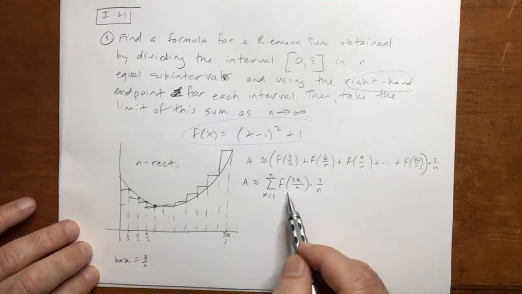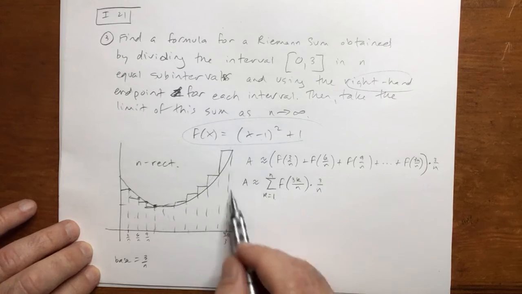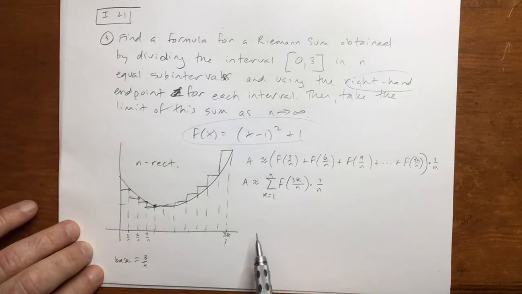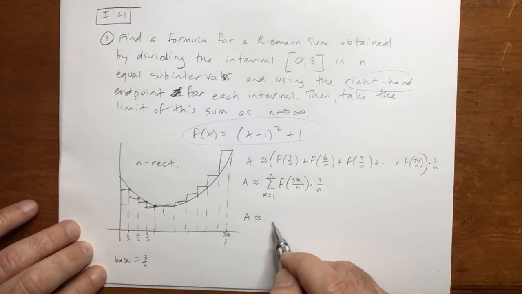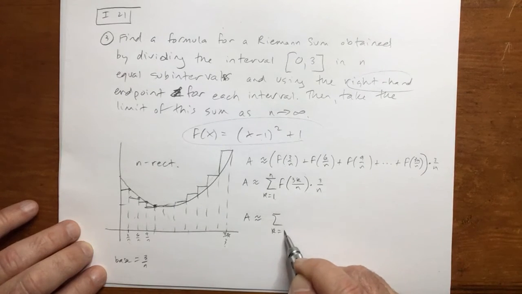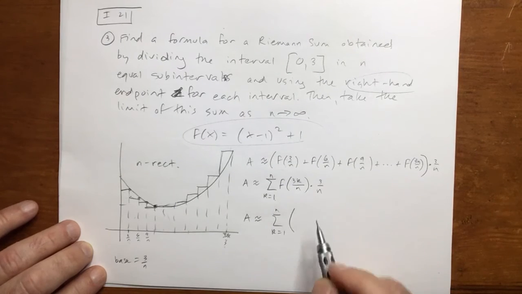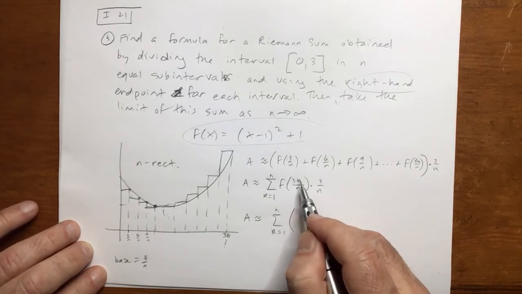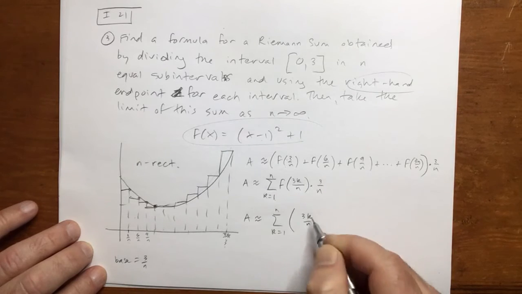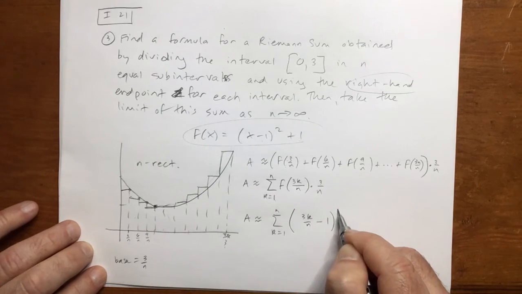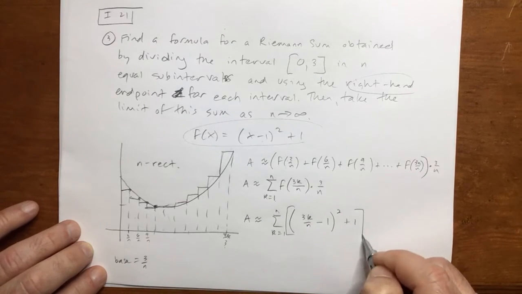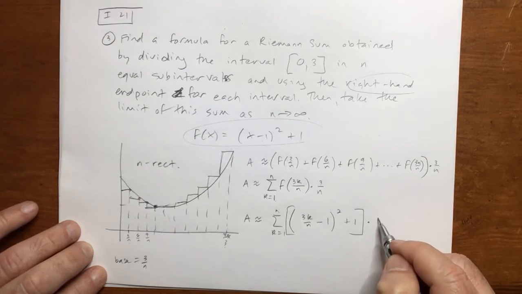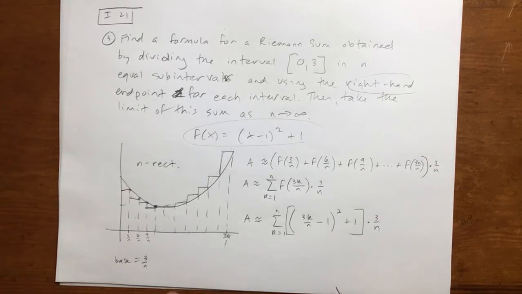But we don't have to leave it like this. This would just be a generic one for an interval of 3. We know f of x, and so my area is approximately the sum from k equals 1 to n of, and now this is your x value, so we have 3k over n minus 1 squared plus 1, all times the 3 over n.